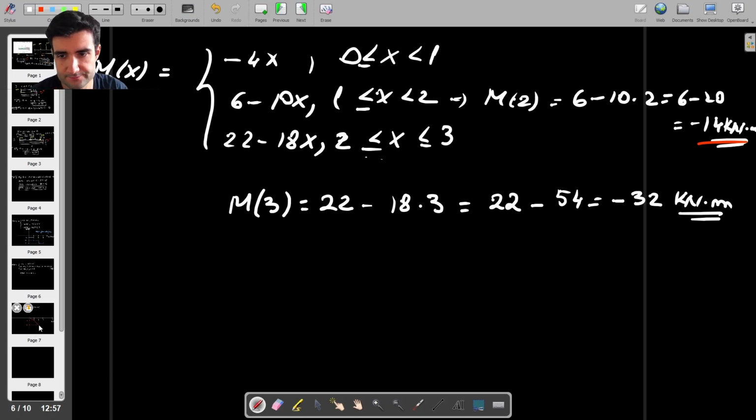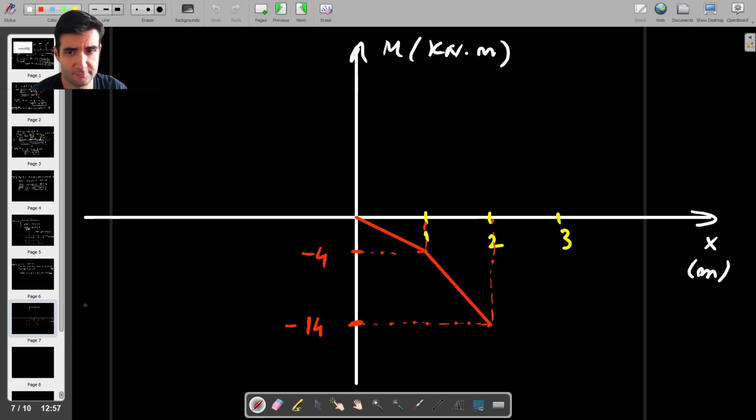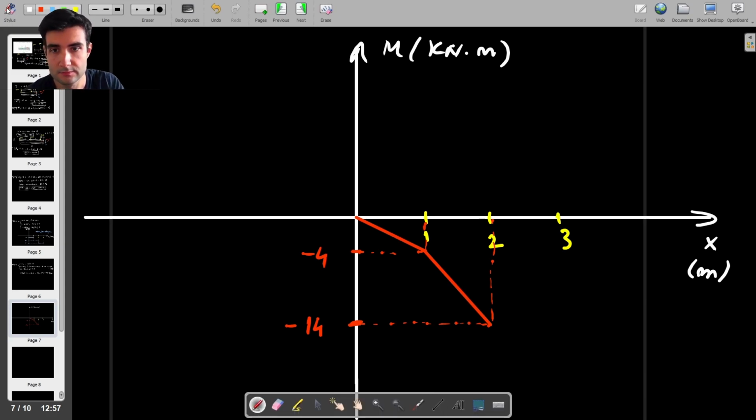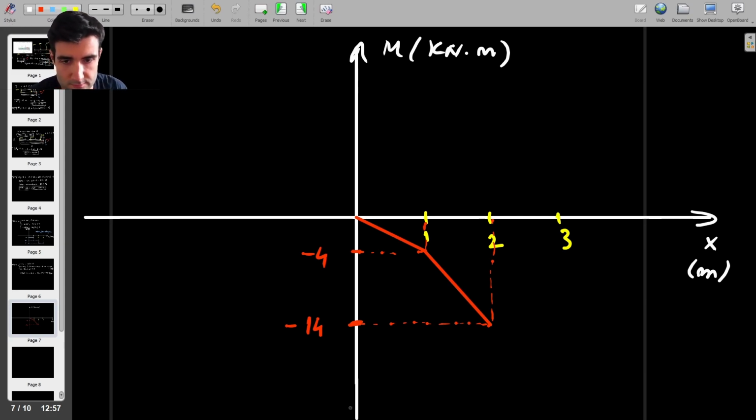Yeah, so maybe I should have done the negative part of the graph longer, but I think it's good enough. So I'll draw 32 somewhere here. So this is pretty much where minus 32 is, more or less. So minus 32, and that is going to be at 3.